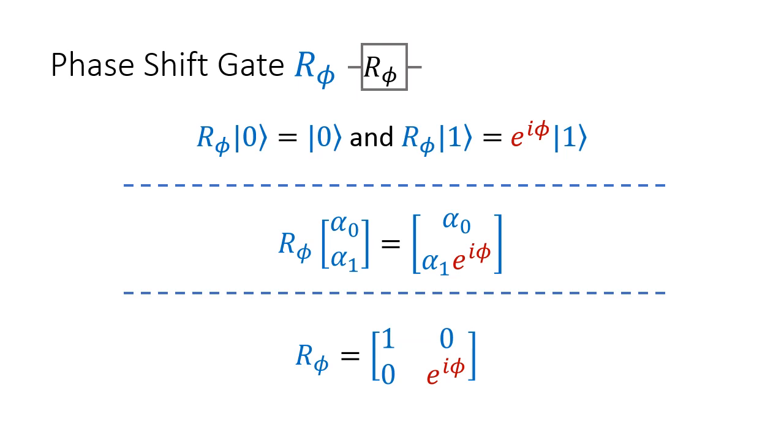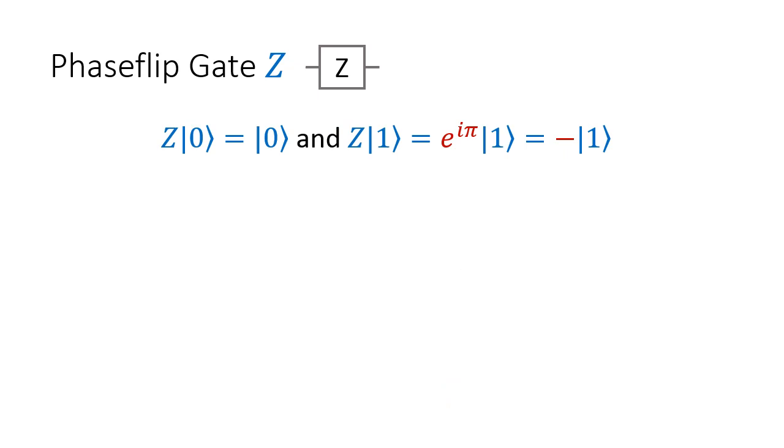And there is a special case, Z, which is R pi. And Z is a Phaseflip gate. Because it is an R phi gate, state 0 remains intact. The phase of state 1 is shifted by pi, meaning that 1 changes to -1. State 1 will be phase flipped.